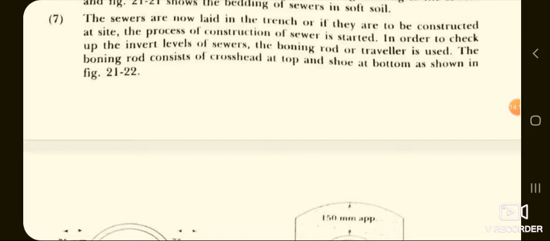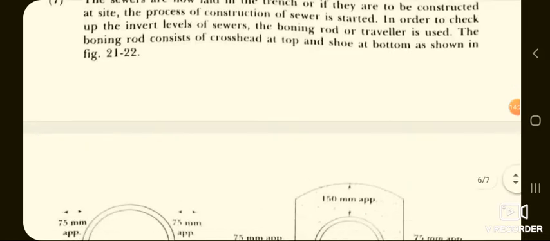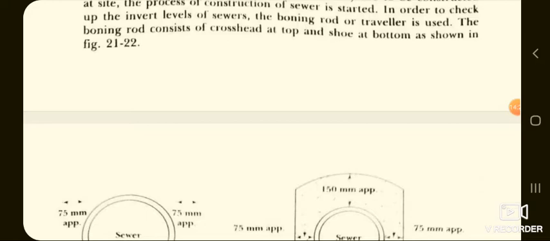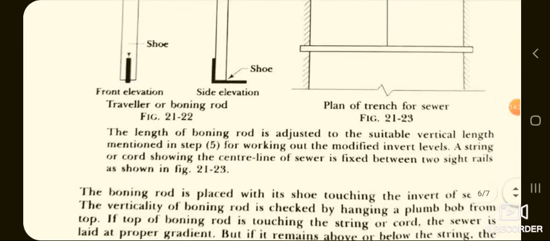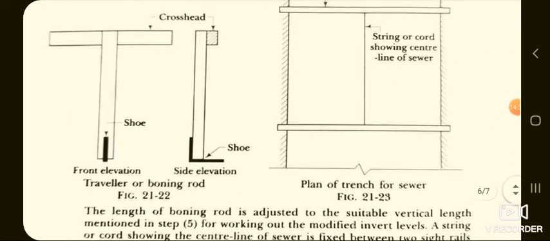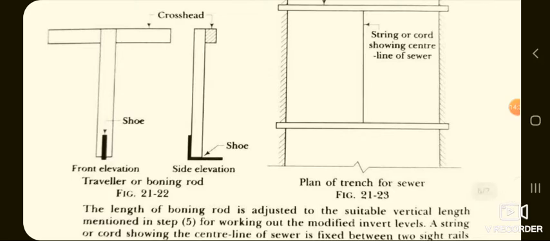In order to check up the invert levels of sewers, the boning rod or traveler is used. The boning rod consists of a crosshead at top and shoe at the bottom as shown in figure 21-22. So it is a traveler or boning rod here, that is to check the verticality of the trench.